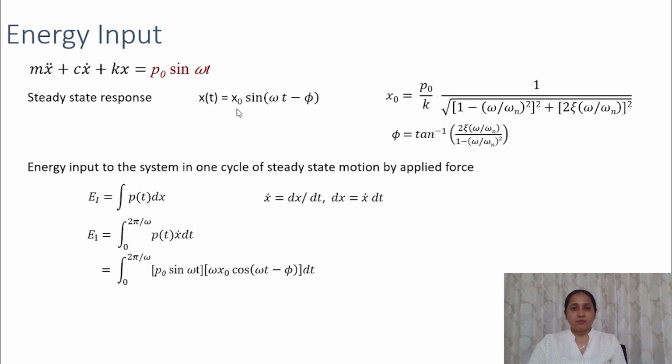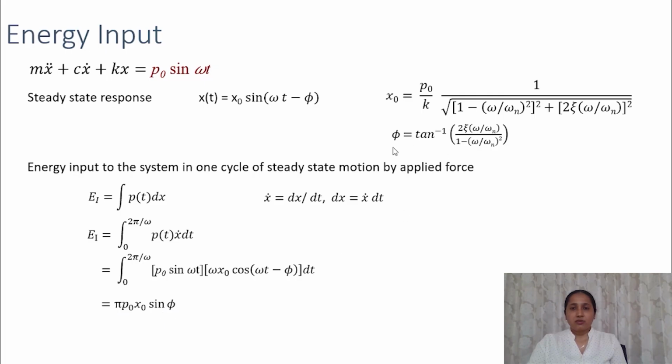So that would be omega x naught cos omega t minus phi and dt. So if you integrate this, we would get pi p naught x naught sine phi.